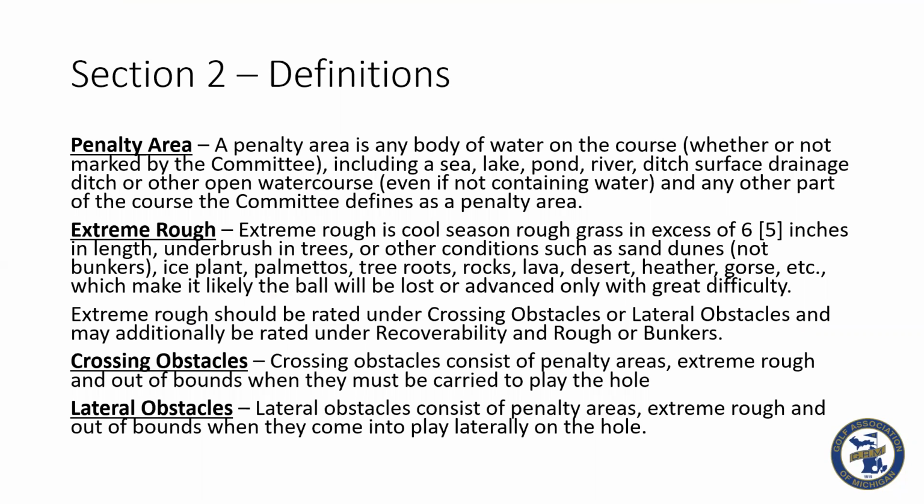All right, penalty area. A penalty area is the new term for a water hazard under the rules of golf. The rules of golf changed last year, so this new term is in the book because of the rules change.